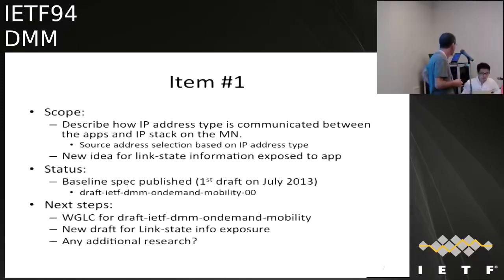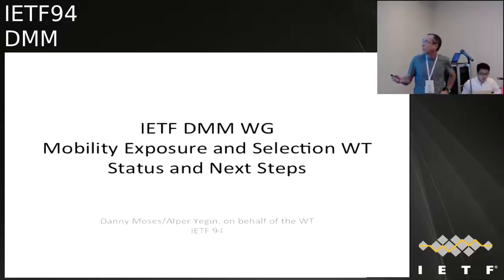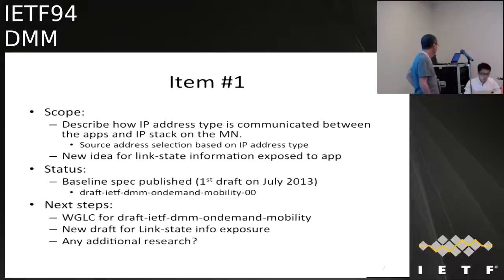Okay. So, two action items. For the first item, you are saying to write a new draft for link state. Is this new draft going to belong to the first item? Yes.